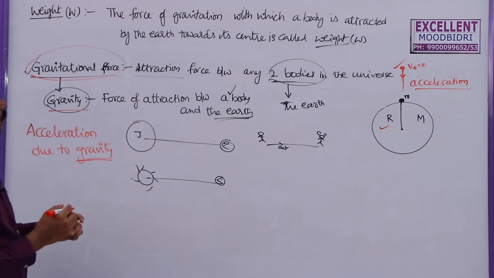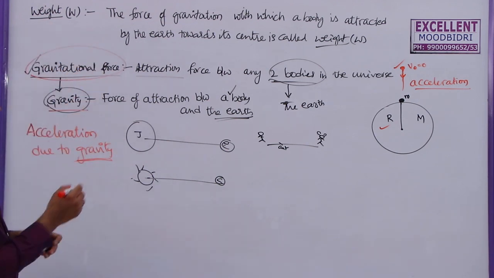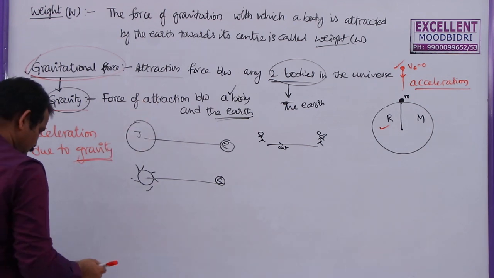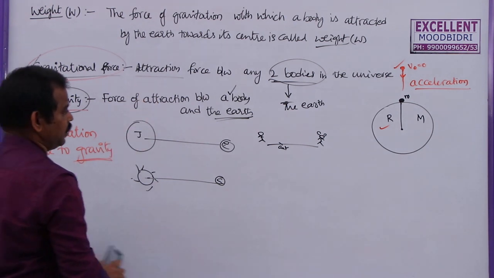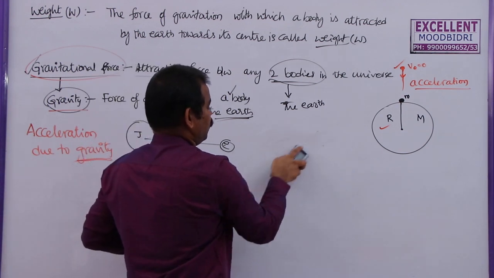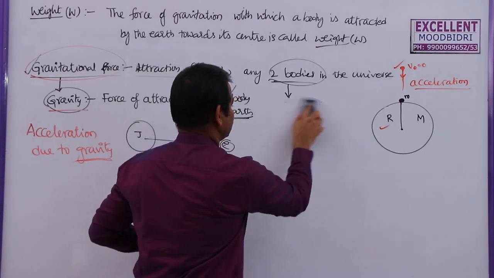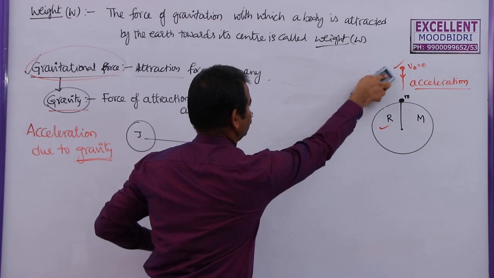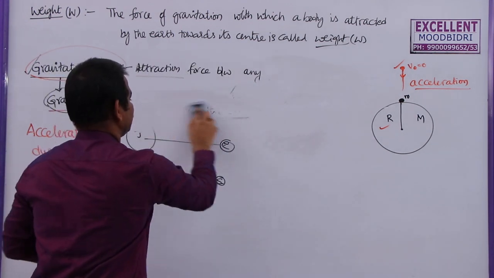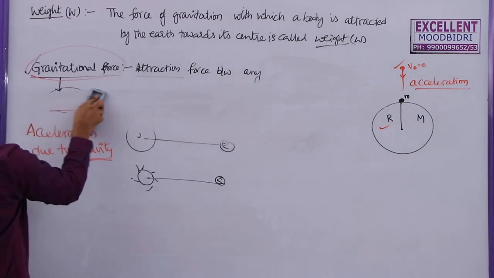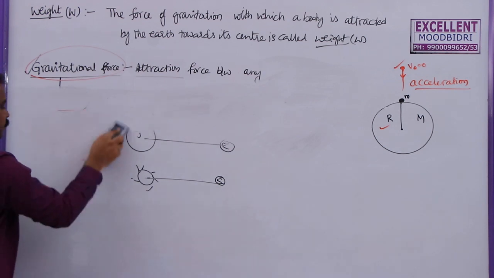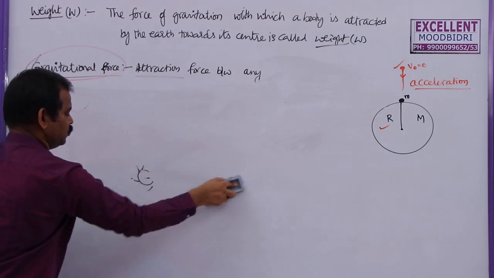Now in this case, weight is nothing but the gravitational force of attraction, the force with which the body is attracted by the earth. So here I am going to write the force between these two bodies when the body is kept on the surface of earth. According to Newton's law of gravitation, we can write F is equal to capital G m1 m2 by r square.